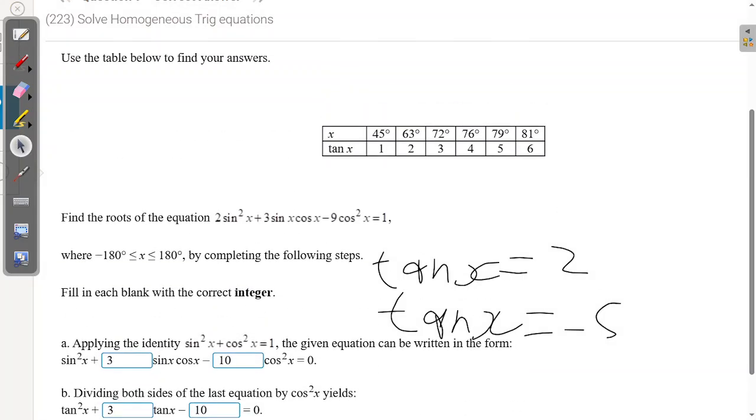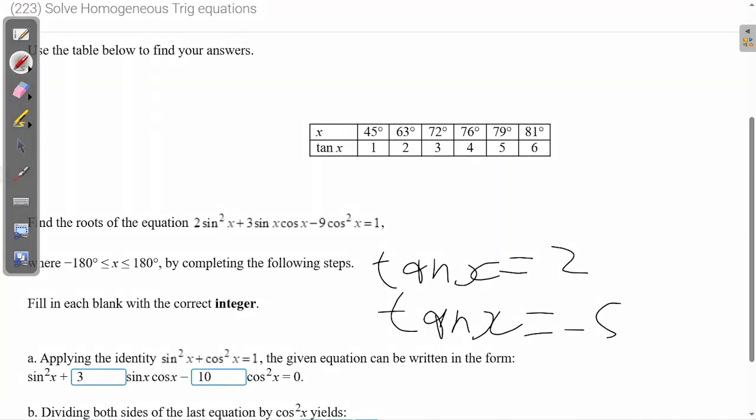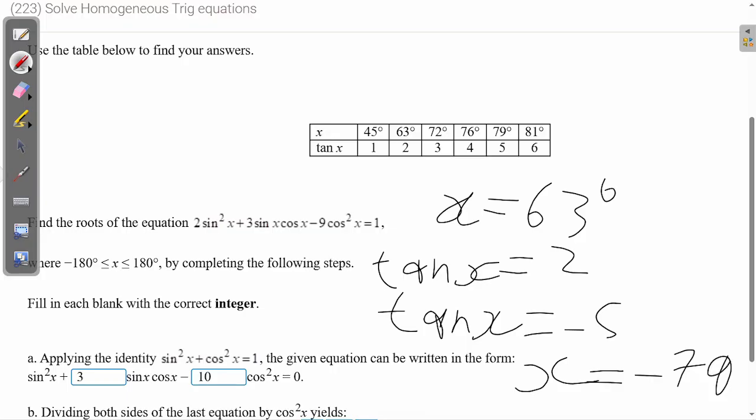And from this table they gave us, we know that when it's 2 it's equal to 63, and when it's negative 5 it's going to be the opposite of 79, so negative 79. Or you can just do tan inverse on the calculator and you're going to get the same answers.